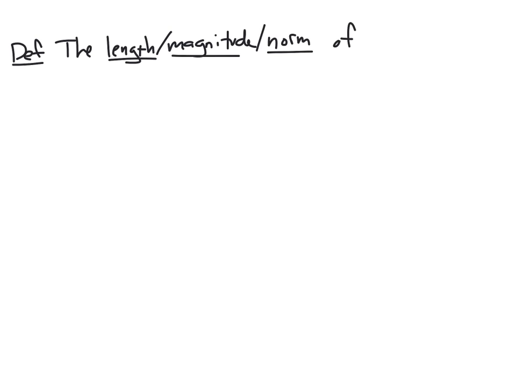And unfortunately, this is just one of the unfortunate things of vector theory, is that a lot of words are used to describe the same concept. In this case, these are the 3 most common ones. So length, magnitude, and norm of a vector v in component form, which is either going to be v1, v2, or if we're in 3 dimensions, v1, v2, v3.